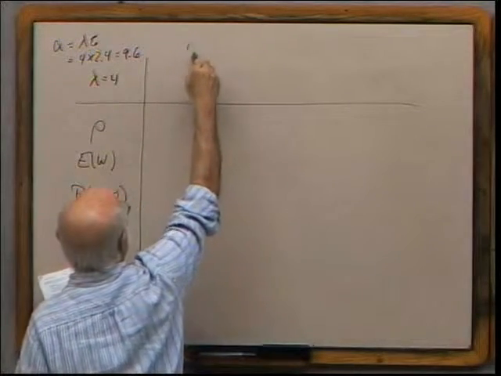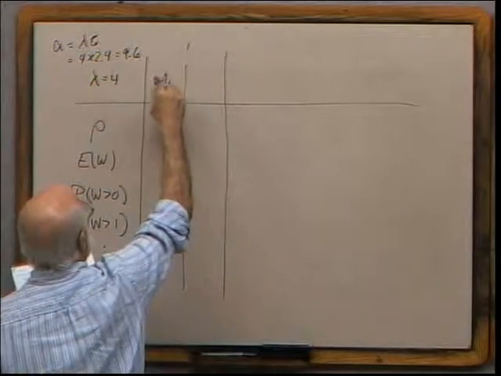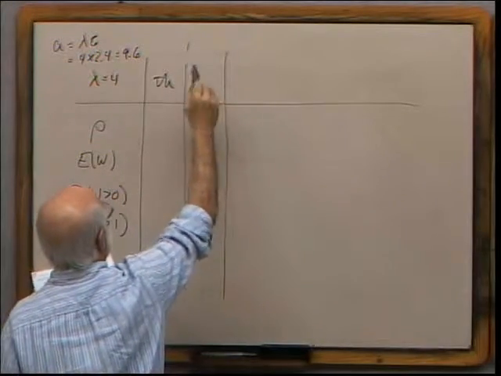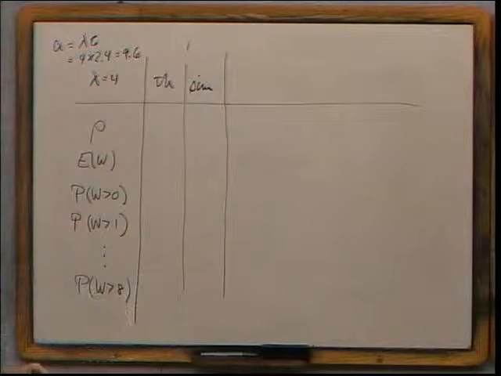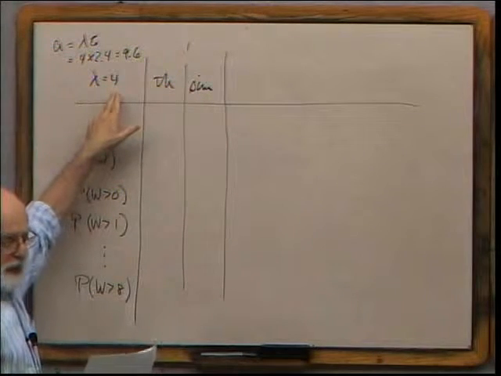So there's case 1, and you have theory and simulation. Now, you're also going to repeat this for the case in which lambda, instead of being 4, is 4.2.